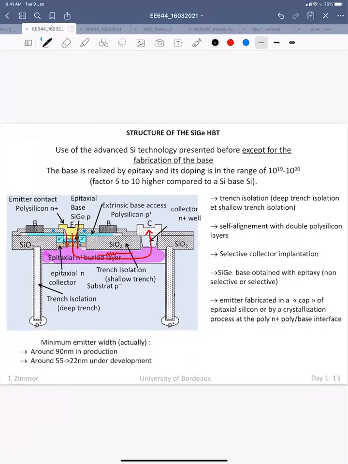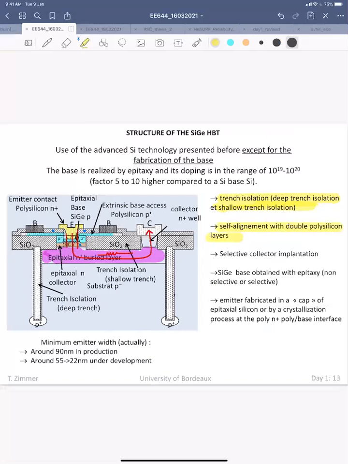So you have this deep trench isolation. The deep trench isolation isolates one BJT from the other BJT in the die, in your silicon wafer. This is a self-alignment process. I will not go there because you have a double polysilicon layer, and the self-alignment process is used.